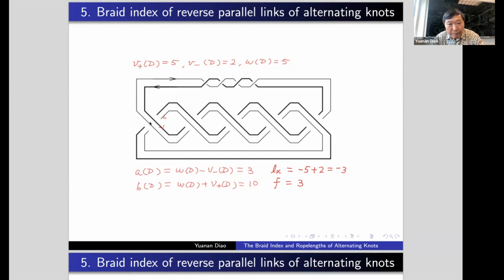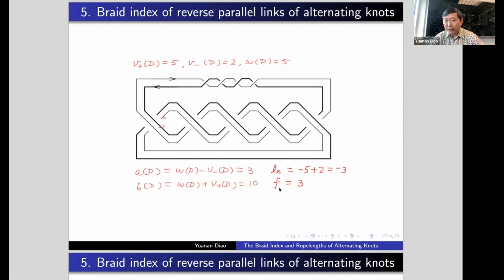There are 5 crossings here. At each place, you have a negative 2, because you have 2 crossings between the two different components. So you count negative 10 in the middle. And above there, you have plus 4. So negative 10 plus 4 gives you negative 6, and divide by 2. That's your linking number.